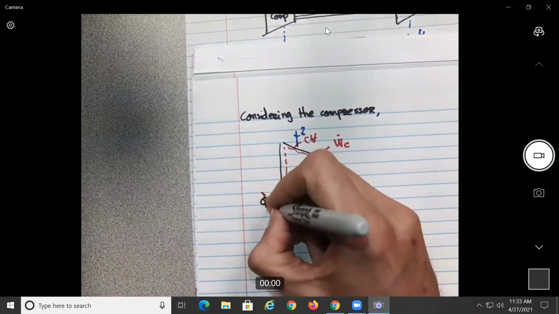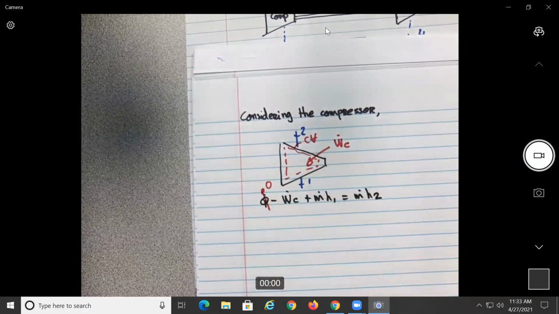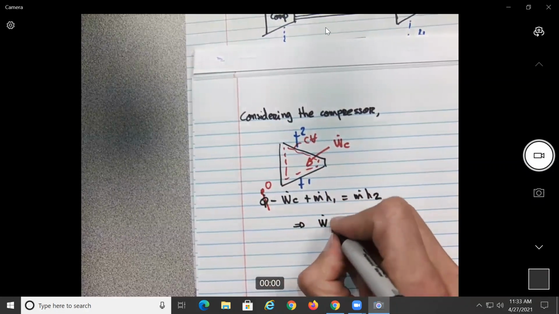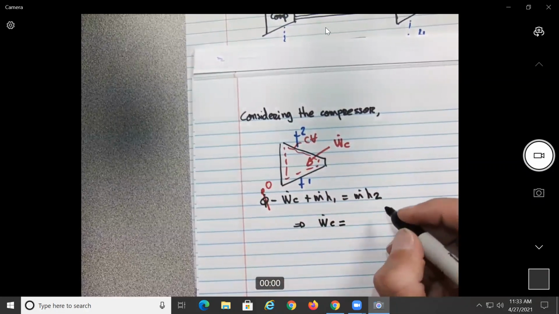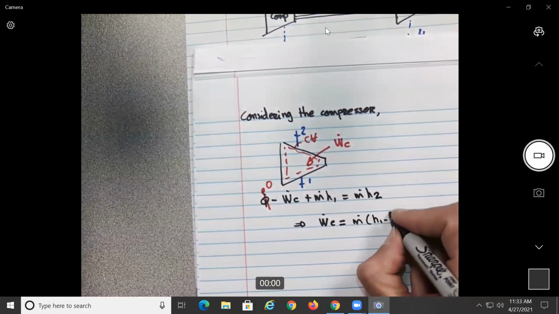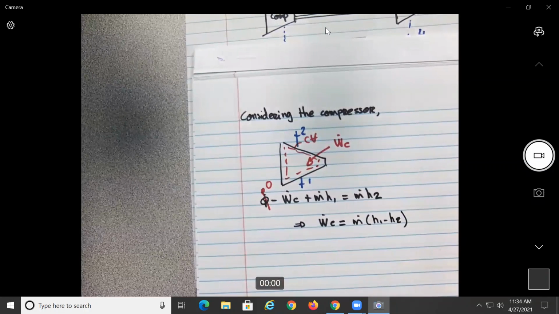So from here, there is no heat transfer loss or gain. We can get that the power used by the compressor is m dot H1 minus H2.